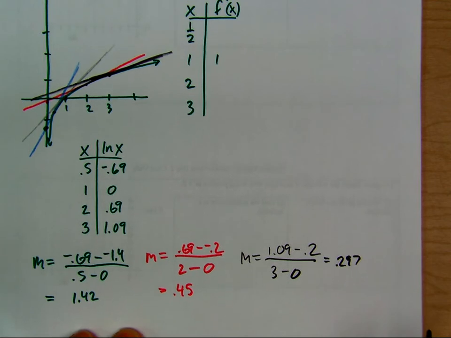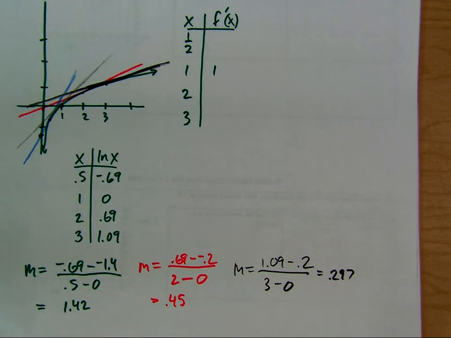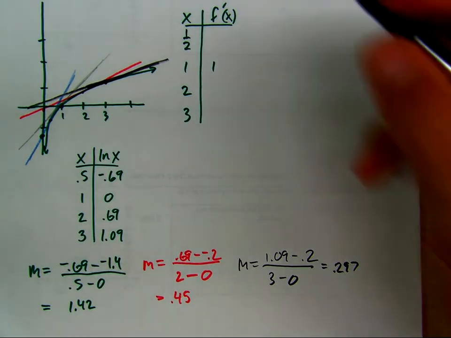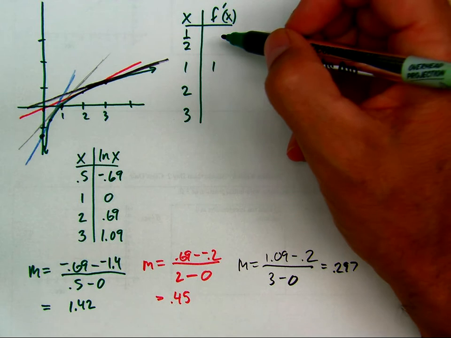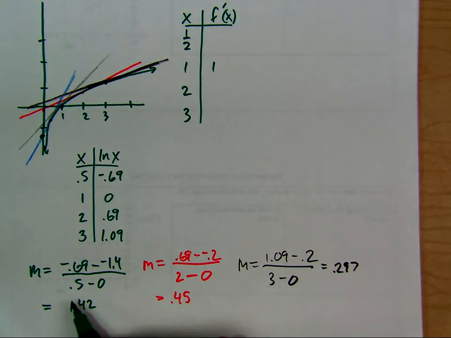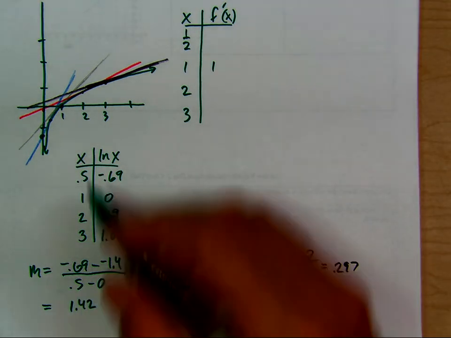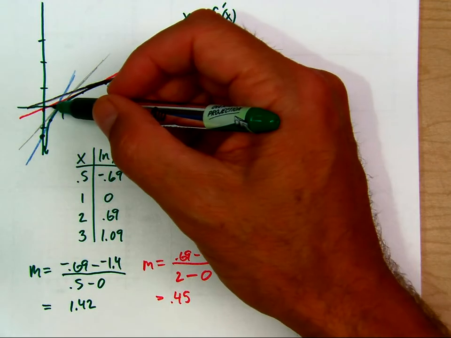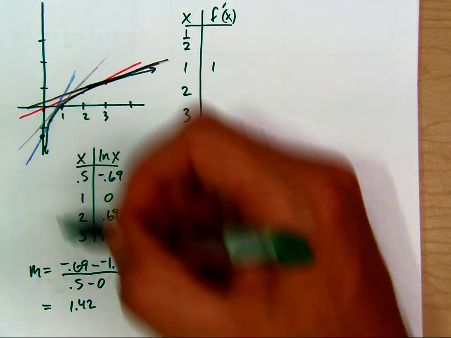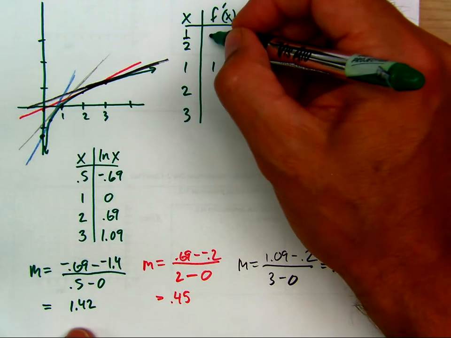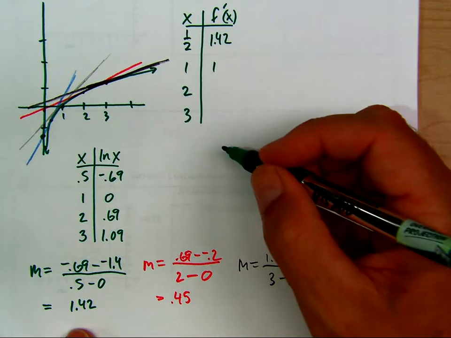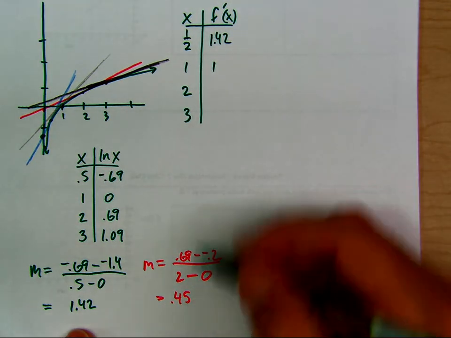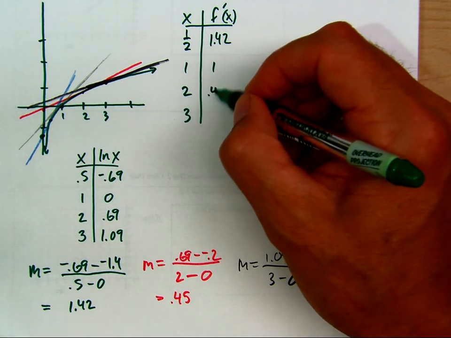So let's put these slopes in the table and see what the graph of the derivative looks like. At 0.5, the slope of the blue line is 1.42. At 2, the slope of the red line, we have 0.45.